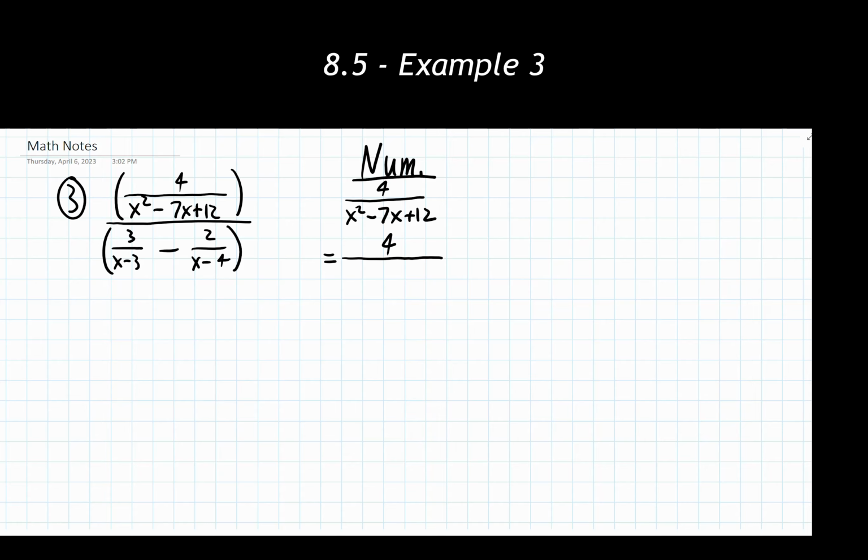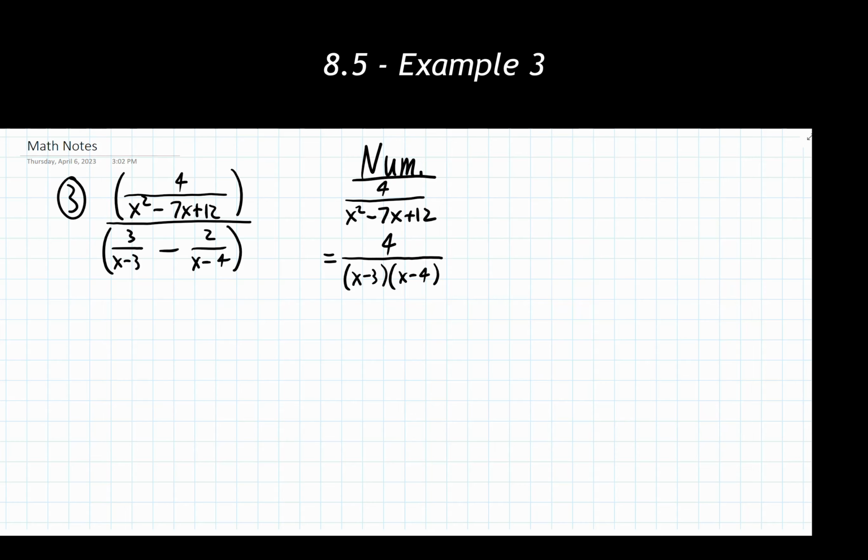So if I factor the denominator, I need to find two numbers that multiply to be positive 12 and add together to be negative 7. Well, those two numbers are going to have to be negative 3 and negative 4, so I can factor this into x minus 3 and x minus 4.